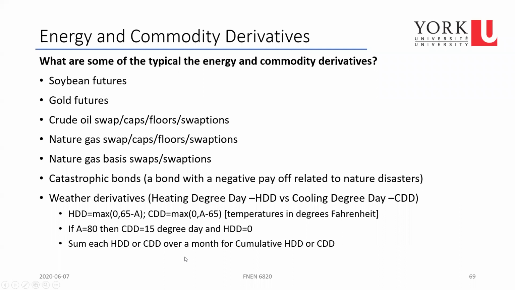And a particular financial derivative product may actually be written with payoffs related to either the heating degree days or the cooling degree days, or the cumulative heating degree days or the cumulative cooling degree days. As I mentioned earlier, we're going to see an example of that later.